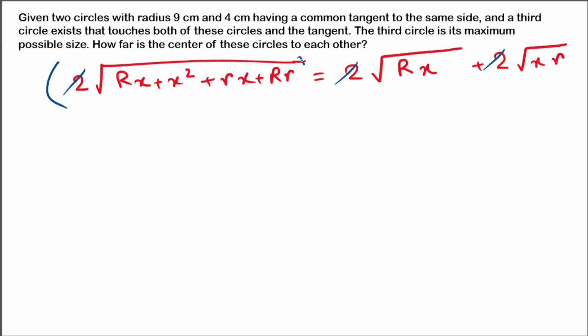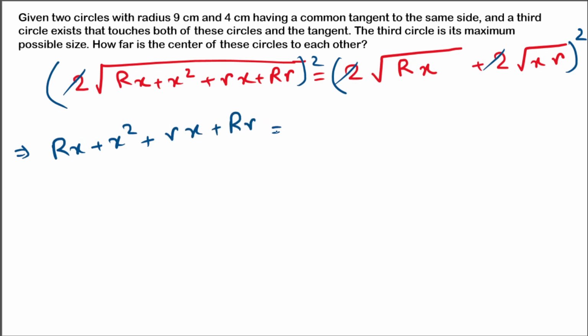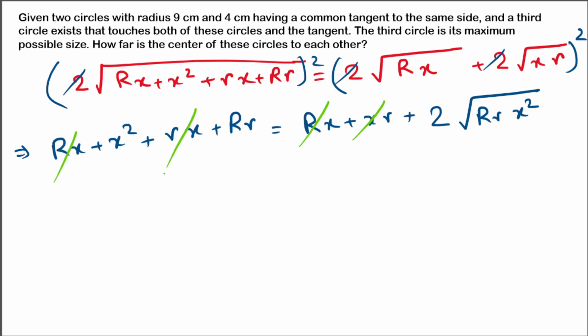Now we have to square this whole term. If we square this, the left side is straightforward. What about the right side? The right side becomes rx plus xr plus 2 rr x square, right. Now these terms will get cancelled. This rx, this xr will get cancelled, right. So now we have x square plus rr equals 2x into r, right.